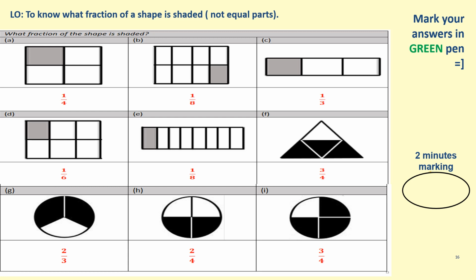Okay, so you should have marked. If you've got 9 out of 9, well done. If you've completed just 6 questions, but all of them are right, you still got 6 out of 6. It's still a good result. Let's move on.